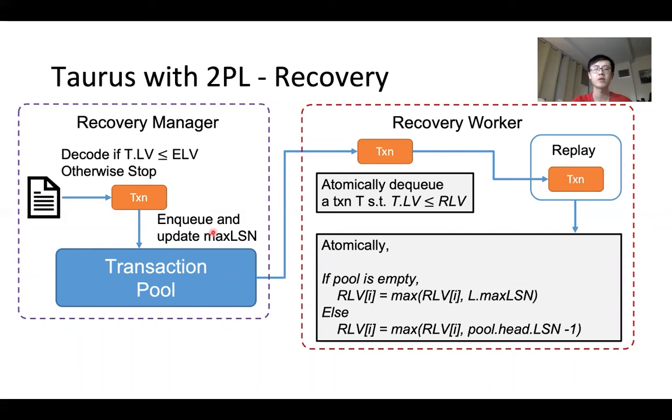And also it will update the max LSN. On the other side, the recovery worker will atomically dequeue a transaction T such that T.lv is no larger than RLV, and it will replay T. And after that, it will atomically update the corresponding dimension of RLV.